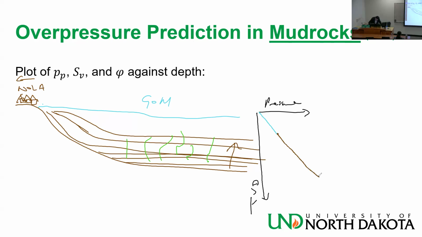Should be an angle. I should have made the first one narrower, because it has a high slope. Then it's less gradient, then you increase the gradient like that.